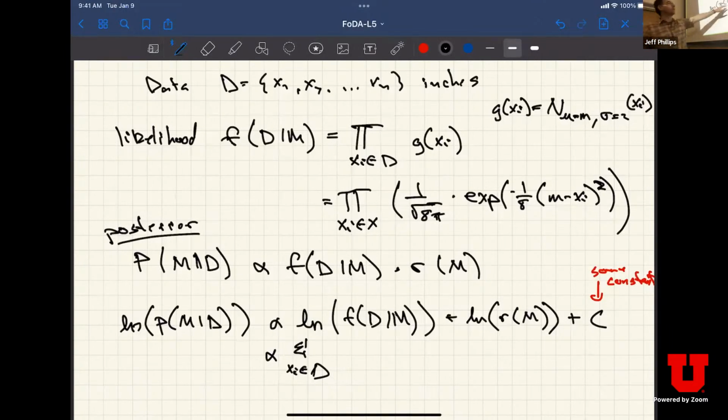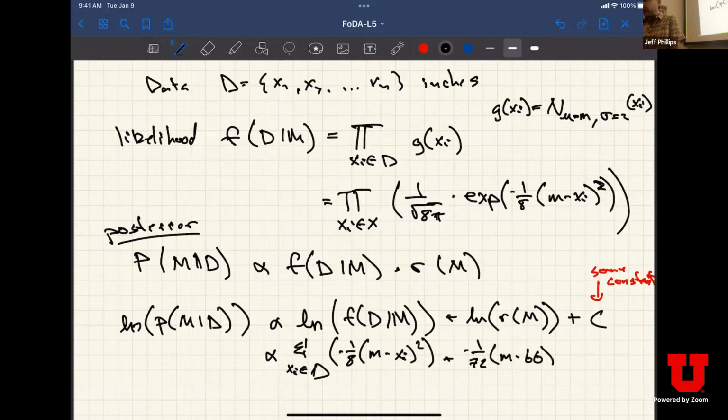Okay, so now this is proportional to the sum over the data elements of -1/8 (m minus xi) squared, plus -1/72 (m minus 66) squared, plus a constant here.